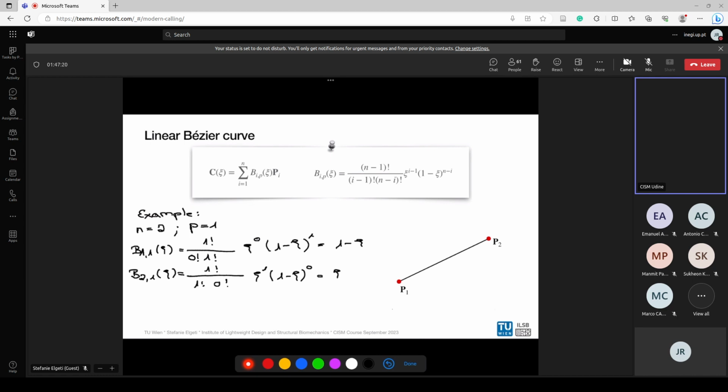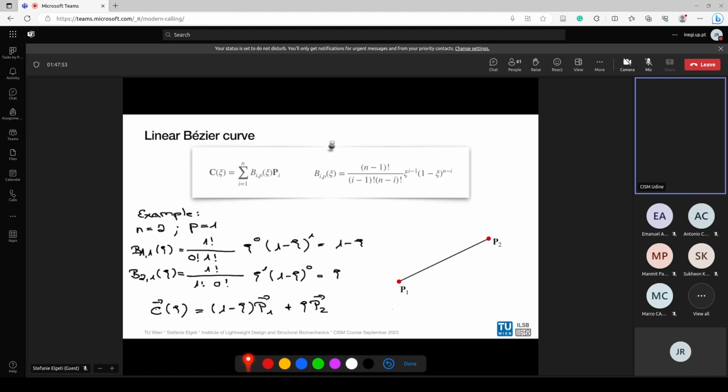So we end up with psi for the second basis function. So the curve is then evaluated as 1 minus psi times the coordinate of the first control point plus psi times the coordinate of the second control point. And then if we insert values between 0 and 1 into this expression, we obtain the coordinates of the curve as they're shown here.